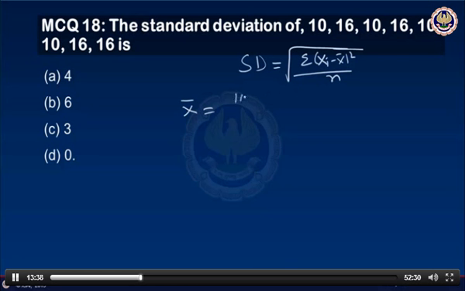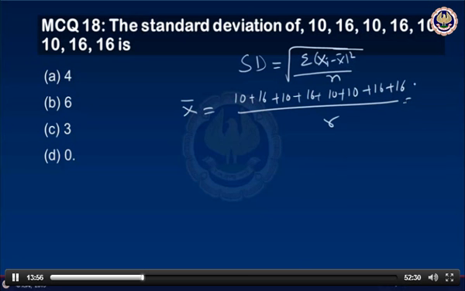Here the sum of the observations is 10 plus 16 plus 10 plus 16 plus 10 plus 10 plus 16 plus 16, by 8 observations. The sum of these observations is 104, divided by 8, which is equal to 13. So the mean equals 13 here. Next, what we have to compute further is the standard deviation.